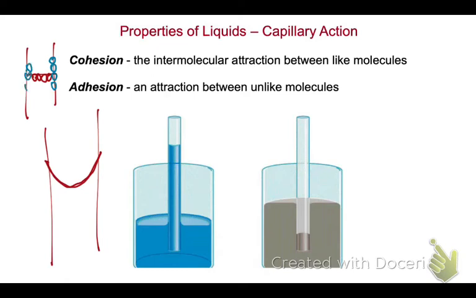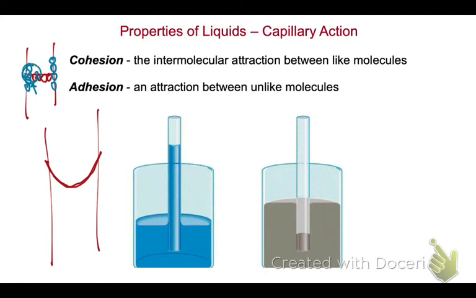Now, when it comes to the molecule on the edge, like this one here, this water molecule is attracted to the water molecule next to it by cohesion, and to the glass molecule on its left by adhesion. What happens is adhesion is stronger than cohesion, so this attraction is stronger.